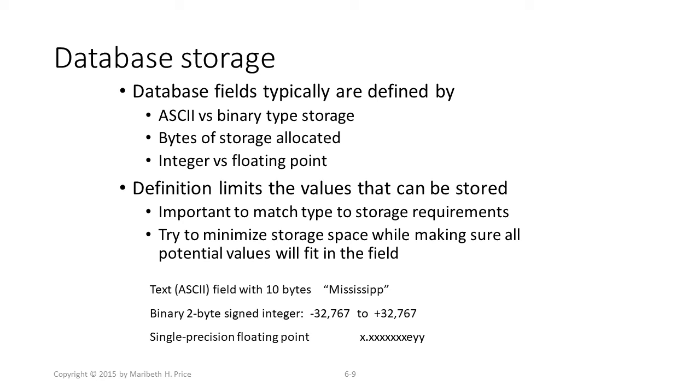For example, a text ASCII field, if you use 10 bytes, will only allow you to store that much of the word Mississippi, so you lose an I because of it. If you're in a binary 2-byte signed integer, you're only plus or minus 32,000 and change. In single precision floating point, again, there's a certain number of decimals in the mantissa. So understanding this will help you set up your databases properly and select the right kind of fields for any features that you're creating.